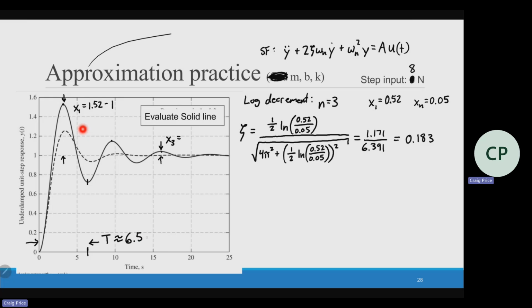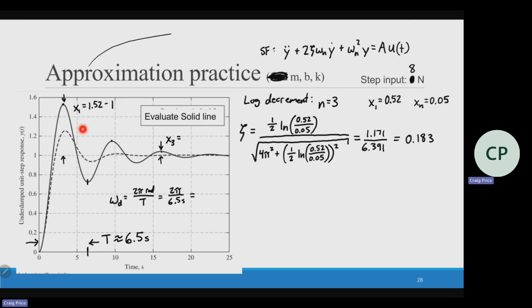Okay, let's say this is 6.5 seconds. What that means is the damped frequency is 2 pi radians over the period. So we have 2 pi over 6.5 seconds.